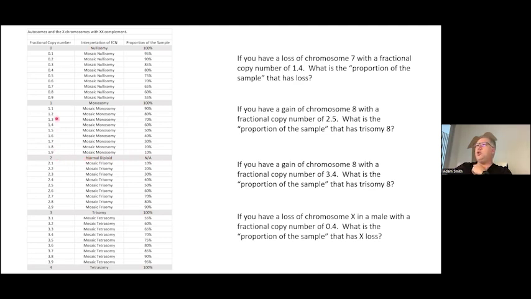So when you lose copy, you have some level of mosaic monosomy, so let's say in the context where you had lost a whole chromosome here, and then you can see your fractional copy number represents a certain percent or proportion of the sample. And this is how that translates.